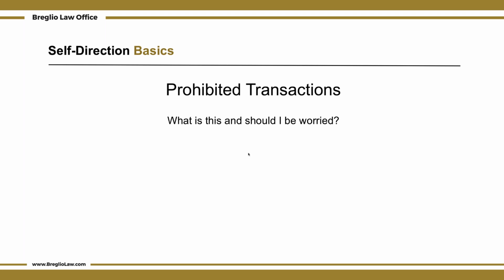And there are certain kinds of transactions that you cannot do with any kind of retirement account, whether it's a 401k, IRA, HSA, 401 or 403b, because of these nonprofit rules and the tax savings rules and stuff like that. So the general rule is you cannot conduct a transaction with somebody or something that is prohibited.